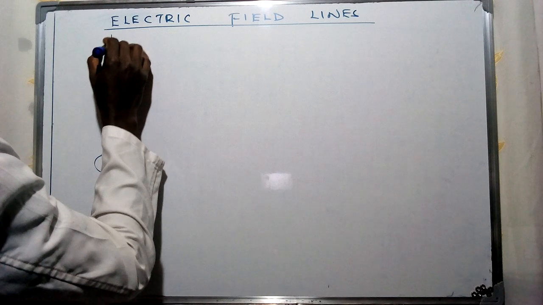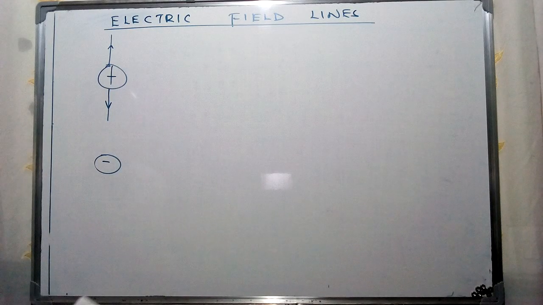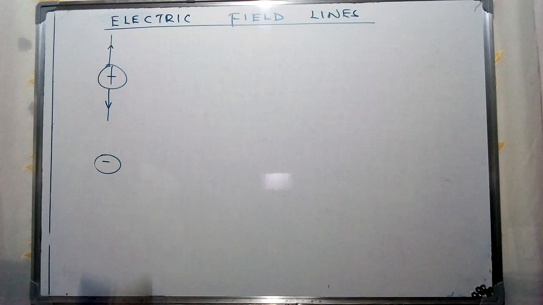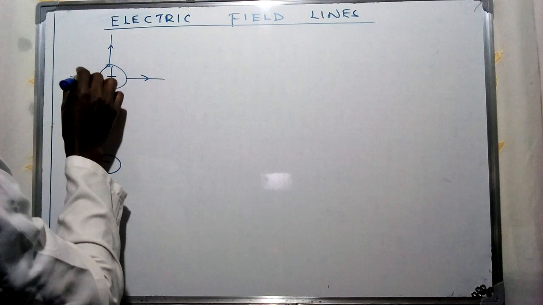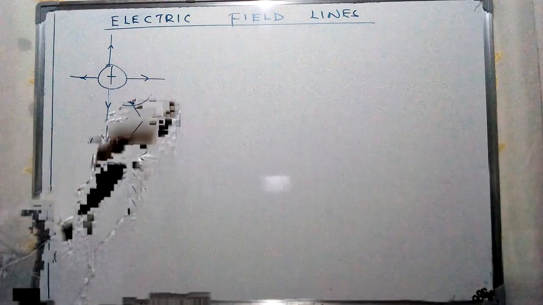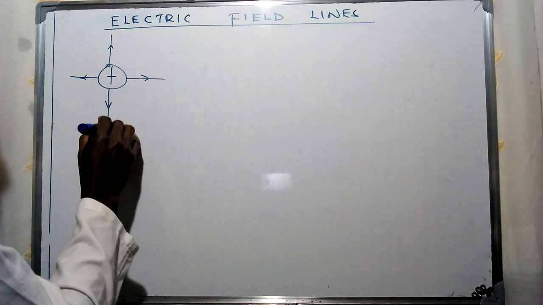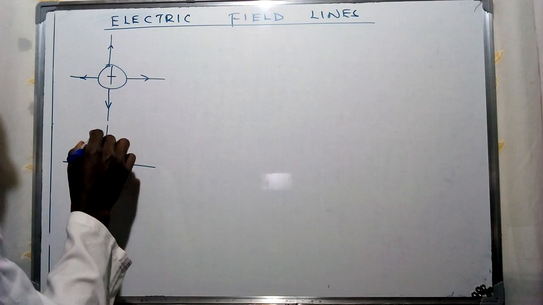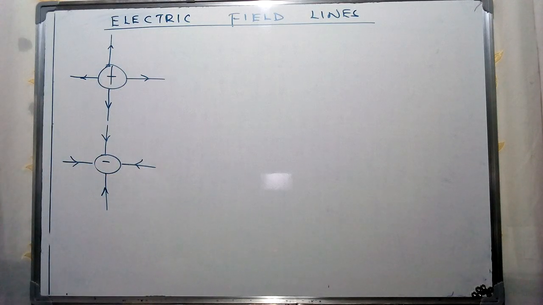And therefore, they are going to have a field whereby these lines representing these specific electric fields in space are going to be indicated as such, and the fields are going to be originating from the positive, and therefore we're going to expect them to have arrows indicating this specific direction on the negative charge respectively.